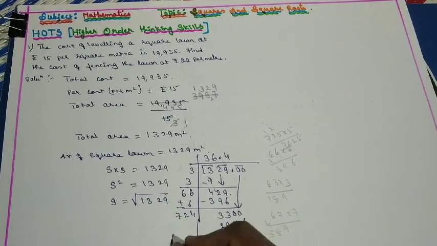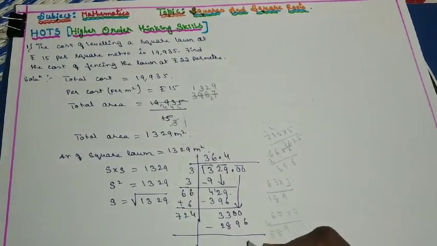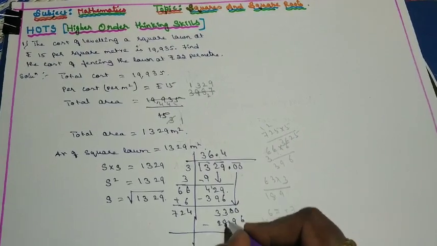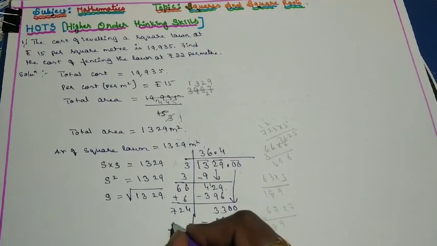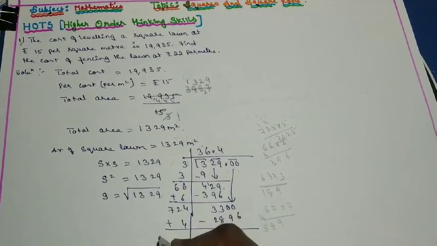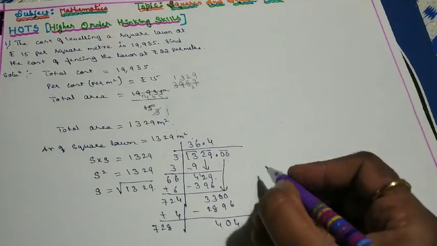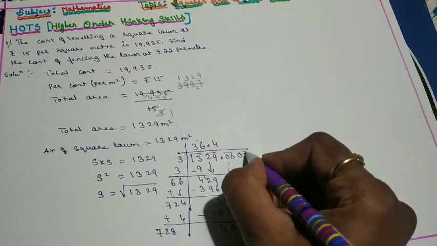The remainder: 10 minus 6 is 4, then 9 minus 9 is 0, then 12 minus 8 is 4. Then add 4 here, and we'll get 728. So I'll bring one more period down.